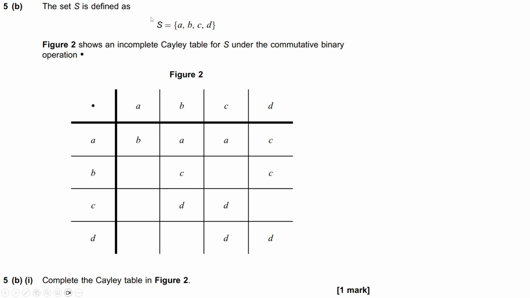Here we've got a set S defined as A, B, C, D, and we've got an incomplete Cayley table, and we need to complete it.